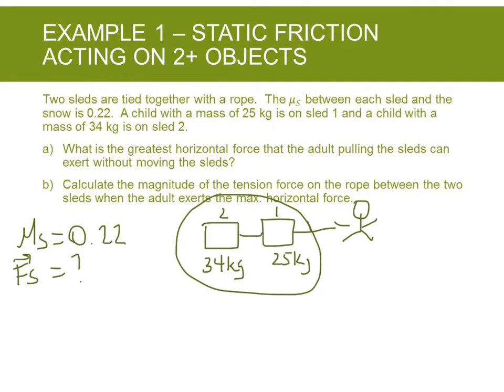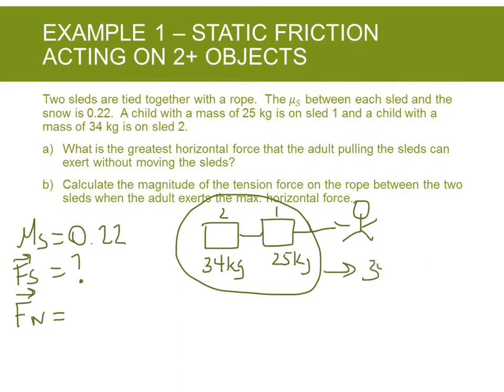Like I said, when you're given your coefficient of static friction, you're probably going to have to calculate your force of static friction, because it's the only formula on your formula sheet that has the coefficient of static friction. And to calculate it, you're going to have to use your normal force. The trickiest part here is figuring out that you want to use your total mass.